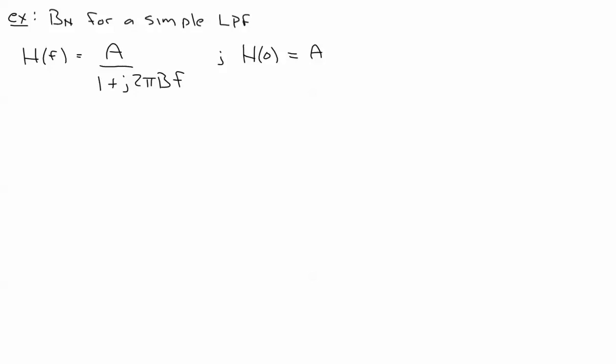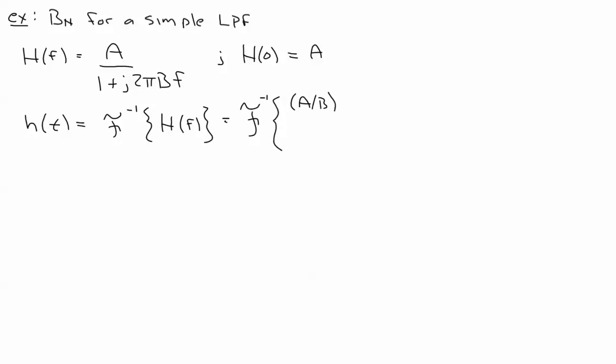And my impulse response, which equals the inverse Fourier transform of H of f, equals the inverse Fourier transform of A over B over 1 over B plus j omega.